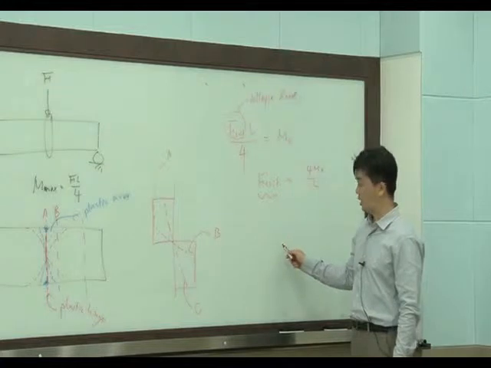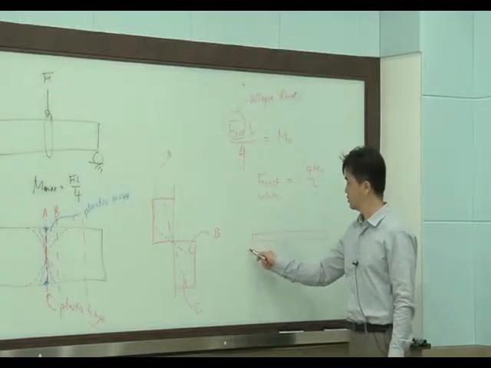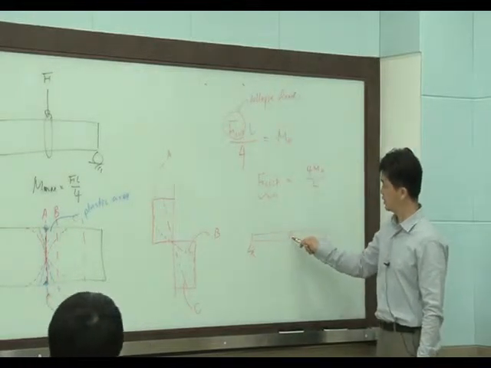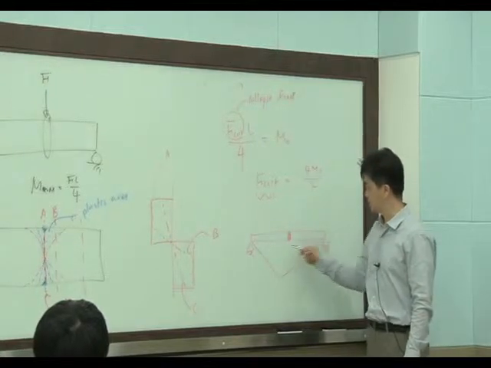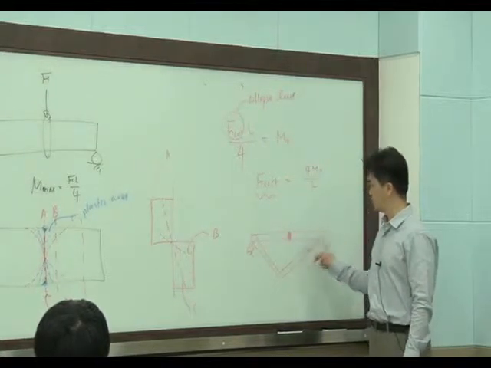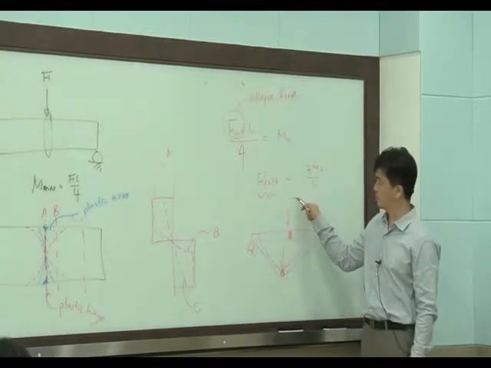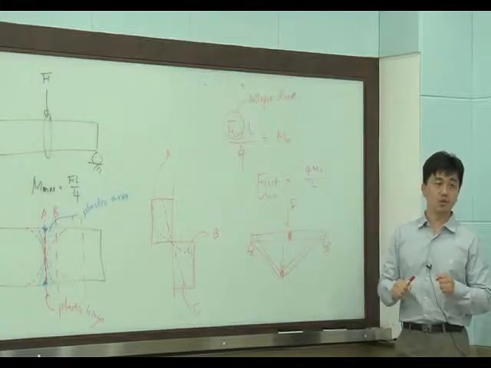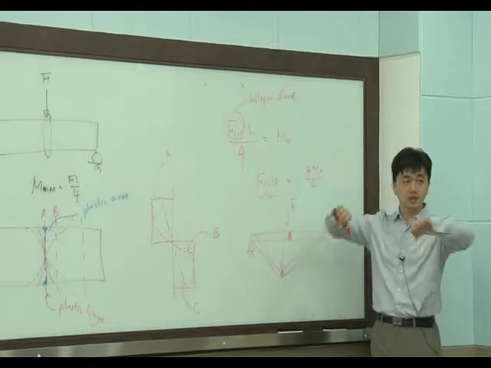So how does this beam collapse? Here at the center, this is the center. It collapses like this. Like we have a hinge at the center. F. Okay? So all the displacement is concentrated on the center. It collapses.